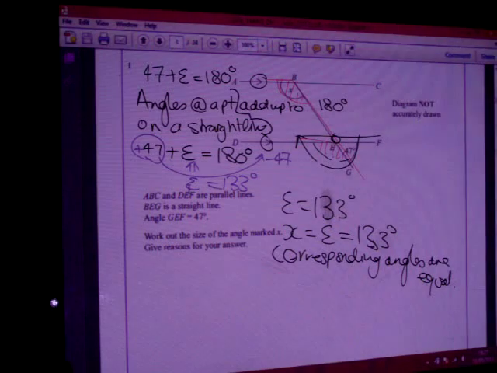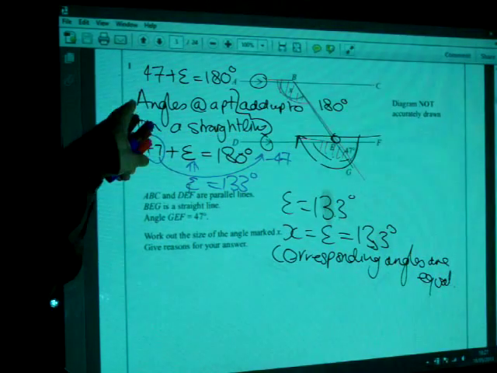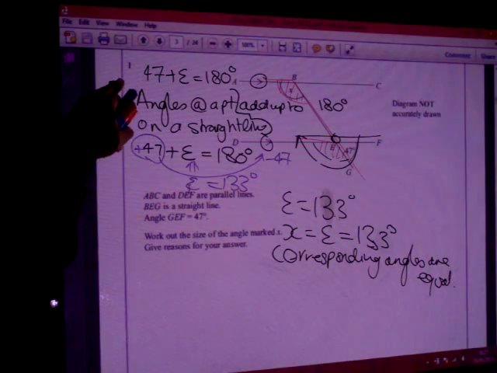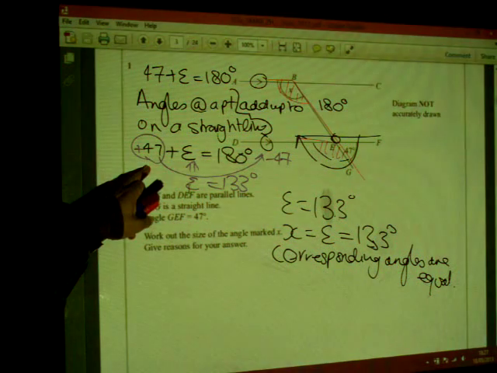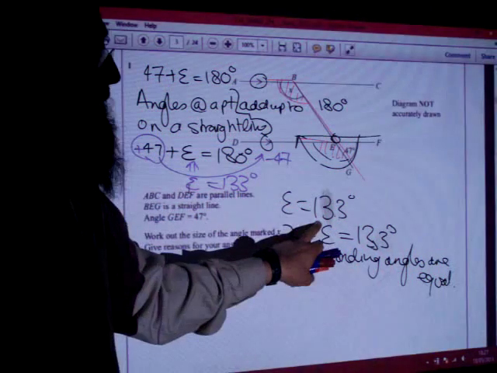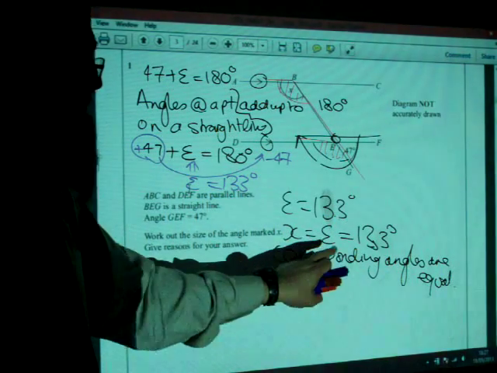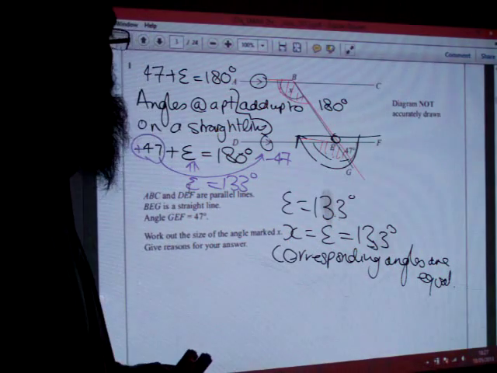We made a mathematical statement and a statement in English, declaring what the situation is. So E is equal to 133, not 130. E is equal to 133 degrees, which is the same as angle X, because corresponding angles are equal. Right, let's move on to the next question.